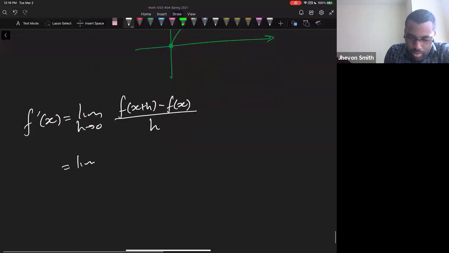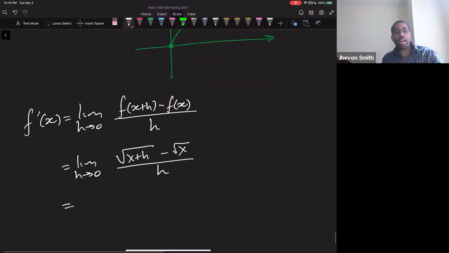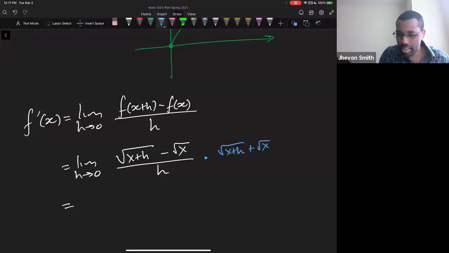So this is going to be the limit as h approaches 0 of square root of x plus h minus square root of x all over h. This is again a very common situation. This is where we multiply and divide by the conjugate. I'm going to multiply by radical x plus h plus radical x over radical x plus h plus radical x.